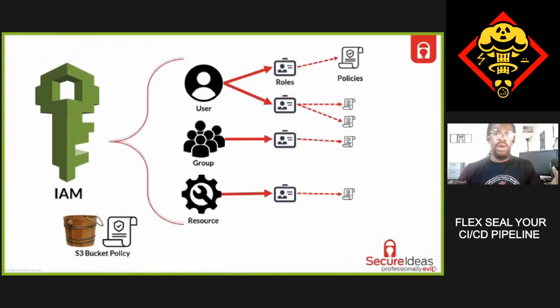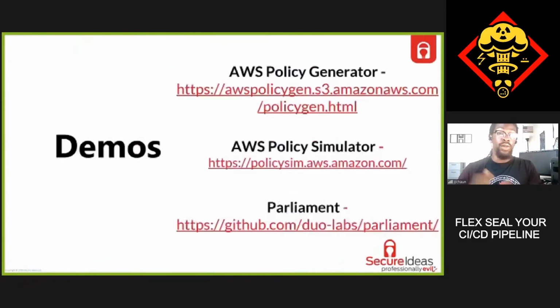And of course, as promised, demos. So we're going to run through three quick demos. One is the AWS policy generator, which will help us write the JSON for both IAM and S3 bucket policies.